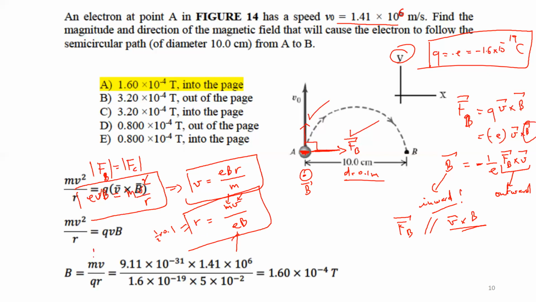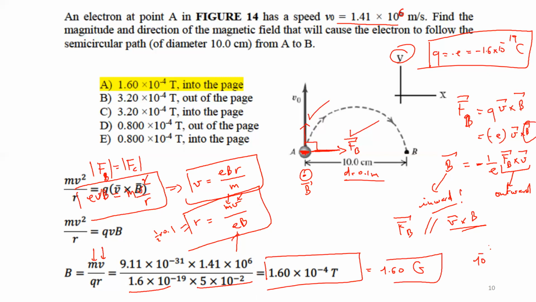The magnetic field will be mass of the electron multiplied by the magnitude of the velocity, the speed, divided by the charge of the electron in magnitude, divided by half of the diameter. And this gives me, in Gauss, 1.6 Gauss. You know that 10 to the power minus 4 Tesla is 1 Gauss, right? Great.